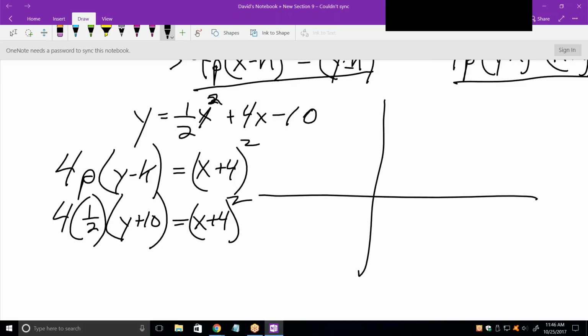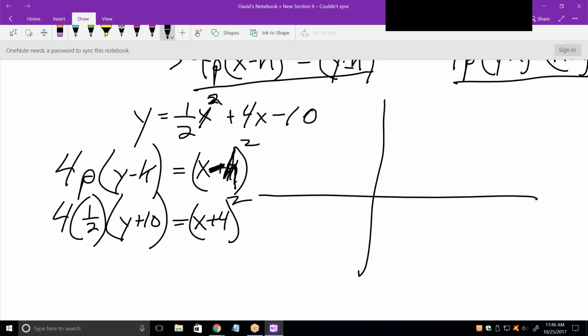Where's my vertex? Still h and k. That's still h and that's still k. So where's the vertex? This is not x-intercept format. This is vertex format.